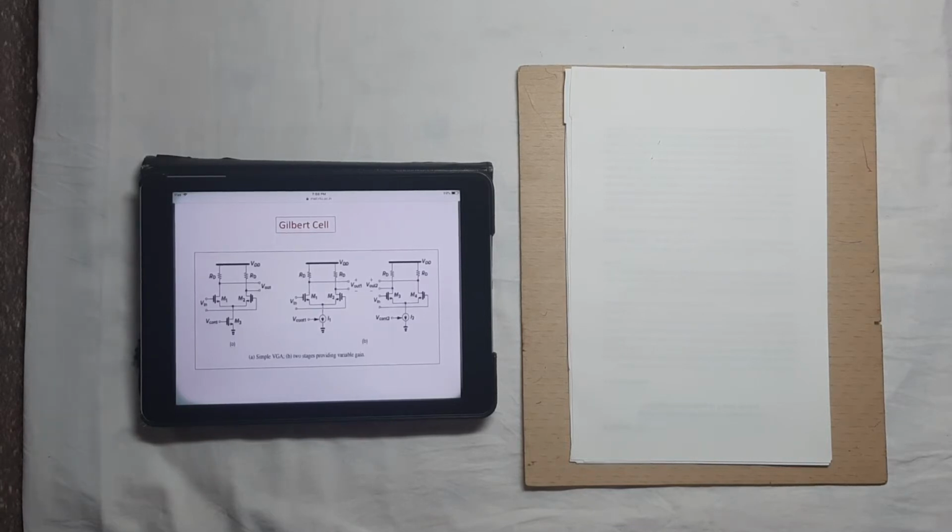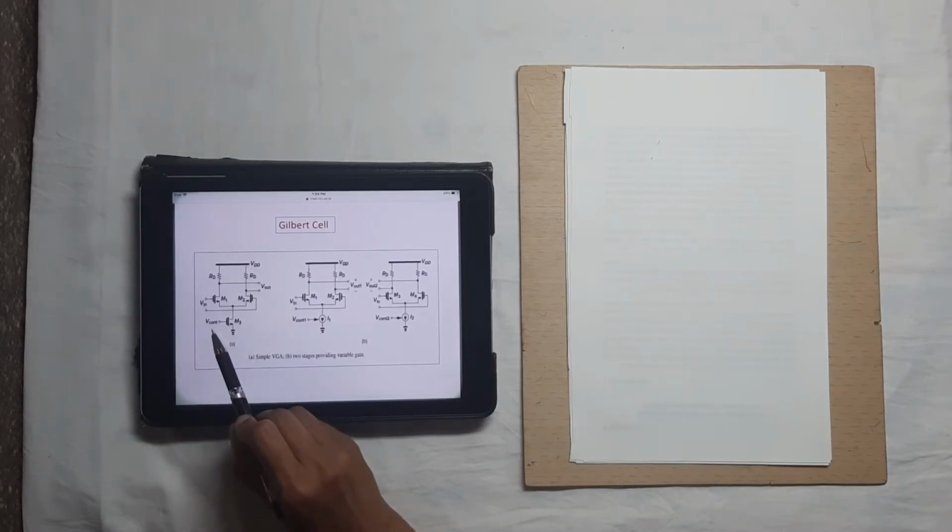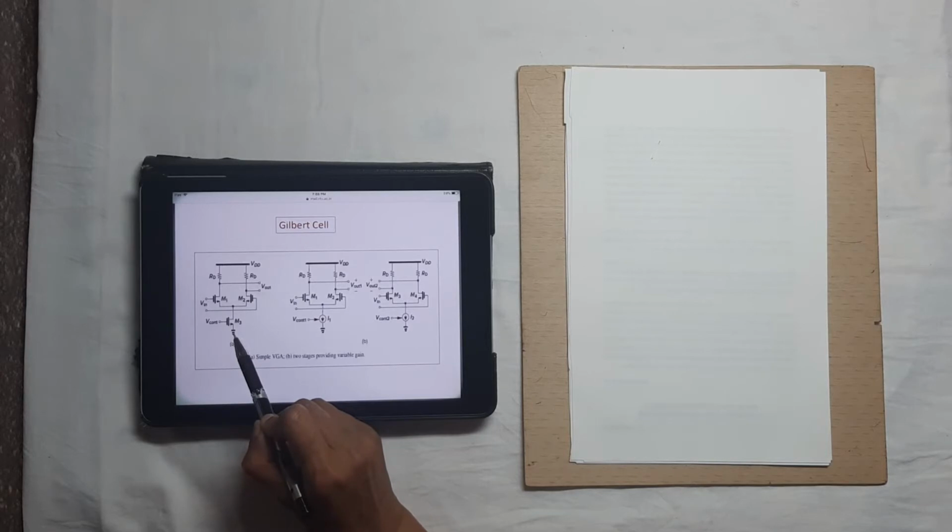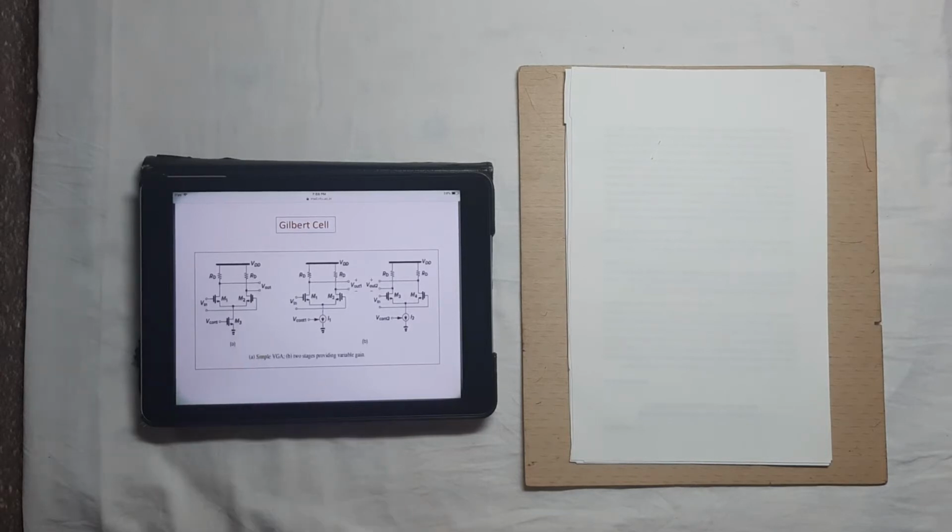This can be accomplished using this type of circuit, where the control voltage defines the tail current and hence the gain. If you vary this control voltage, the tail current is varied and automatically the gain will be varied. So the aspect here is that the control voltage varies the tail current as well as the gain of the differential amplifier.